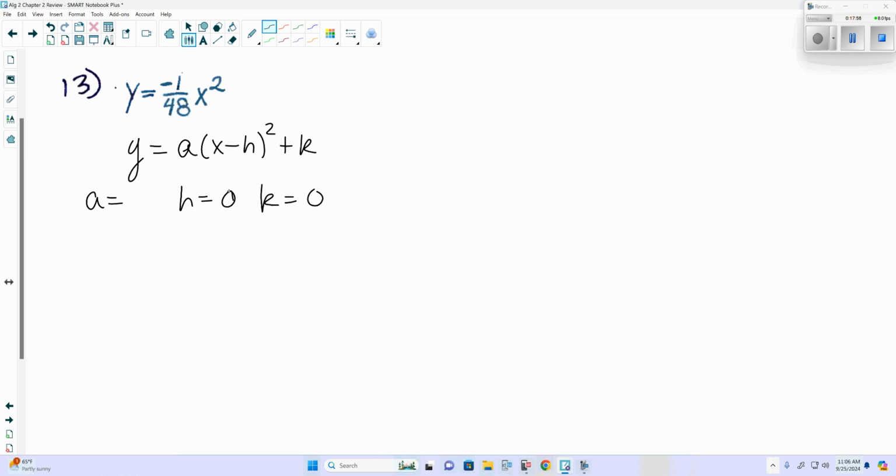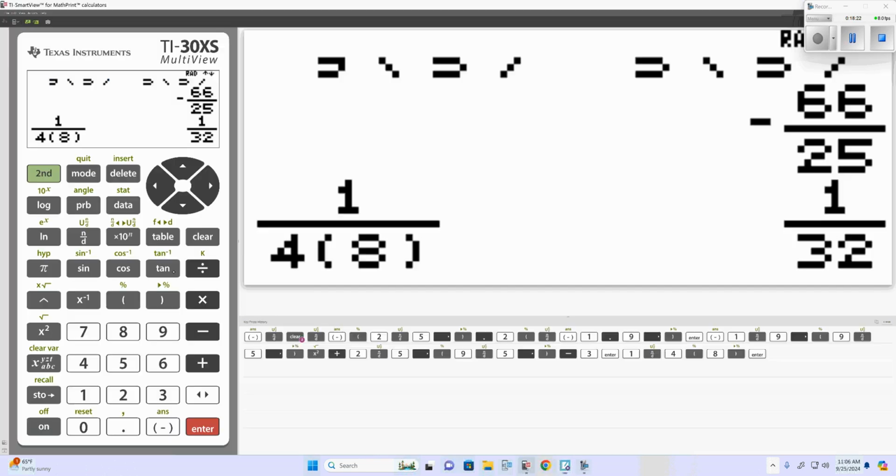Nothing added to the end, so k is 0. And our a here would be negative 1 over 48. But we don't need the a value for our focus, directrix, or axis of symmetry. We need the value of p. Well, p is 1 over 4a, so 1 over 4 times negative 1 over 48.